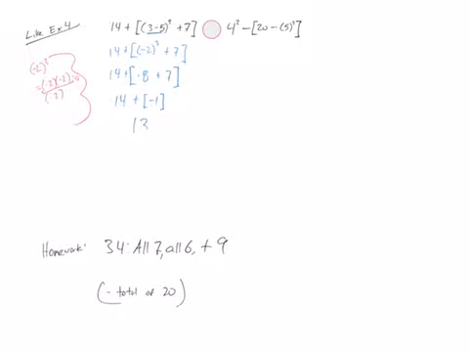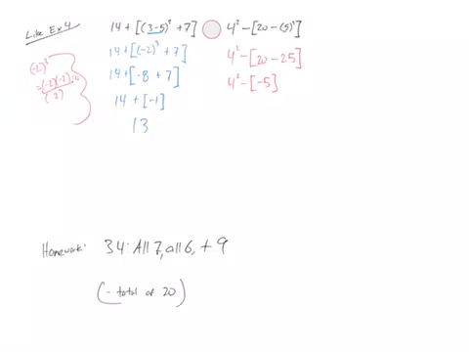Let's do something similar over here on the right-hand side. On the innermost set of parentheses, well, that 5 doesn't simplify, so I'm going to do exponents next. 5 squared is 25. 20 minus 25 is going to give me negative 5.